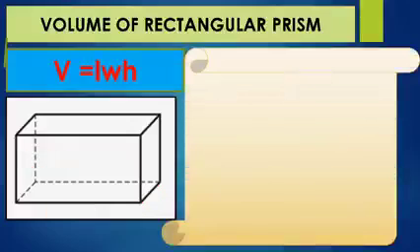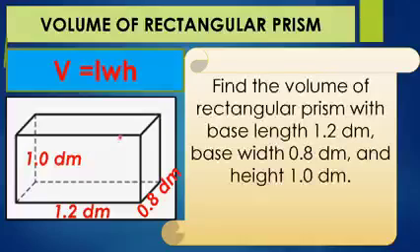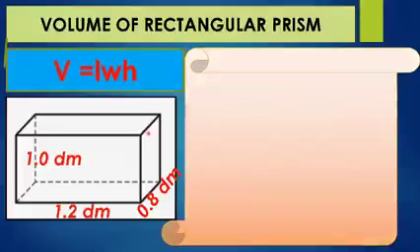Another one. So we have here base length of your rectangular prism, 1.2 decimeters, base width 0.8 decimeters, and height of 1.0 decimeters. So find the volume of rectangular prism with the following measurements. First step, copy the equation, that is V is equal to LWH.